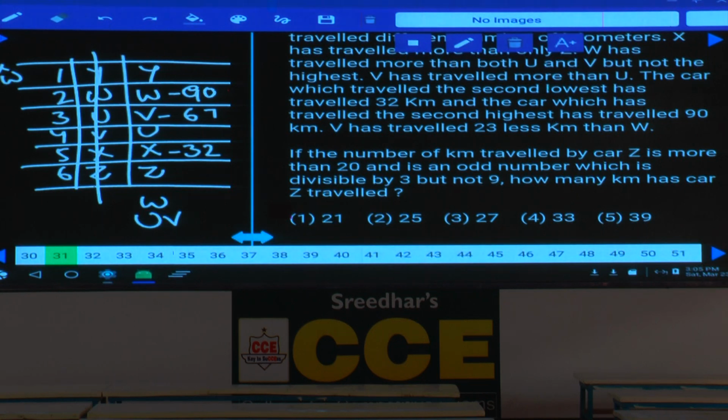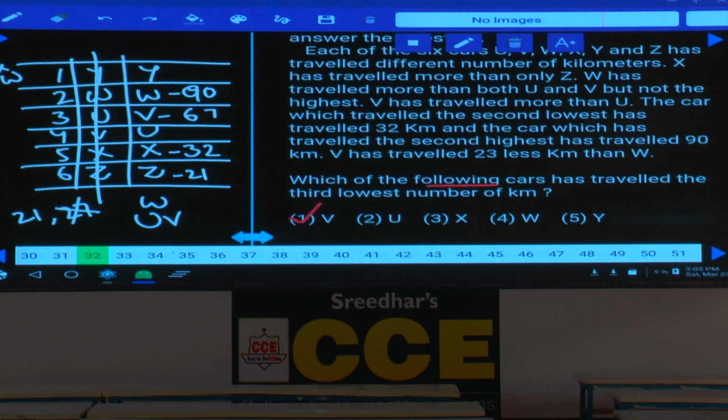Between 20 and 32, there are only 2 odd numbers which are divisible by 3, and those 2 are 21 and 27. And at the same time, it should not be divisible by 9 as well. Hence 27 is ruled out. Then what is the answer here? 21. Hence question number 66, it is 21.